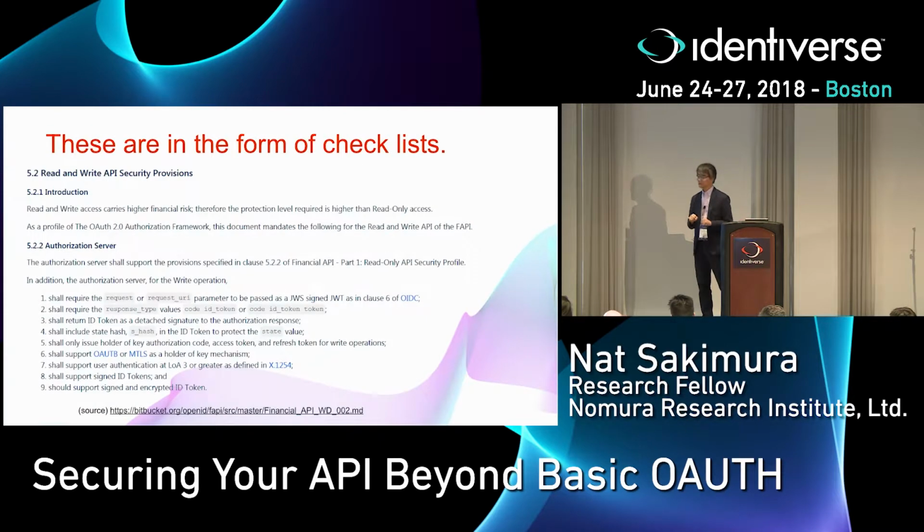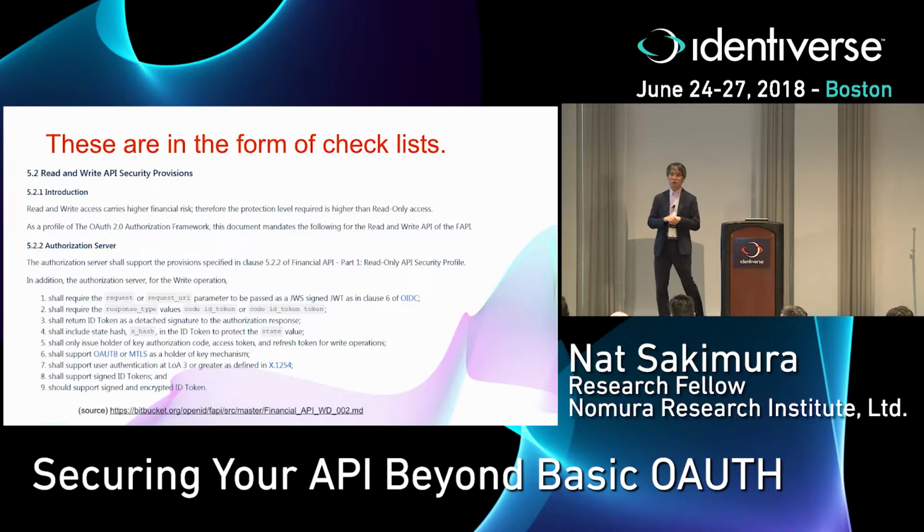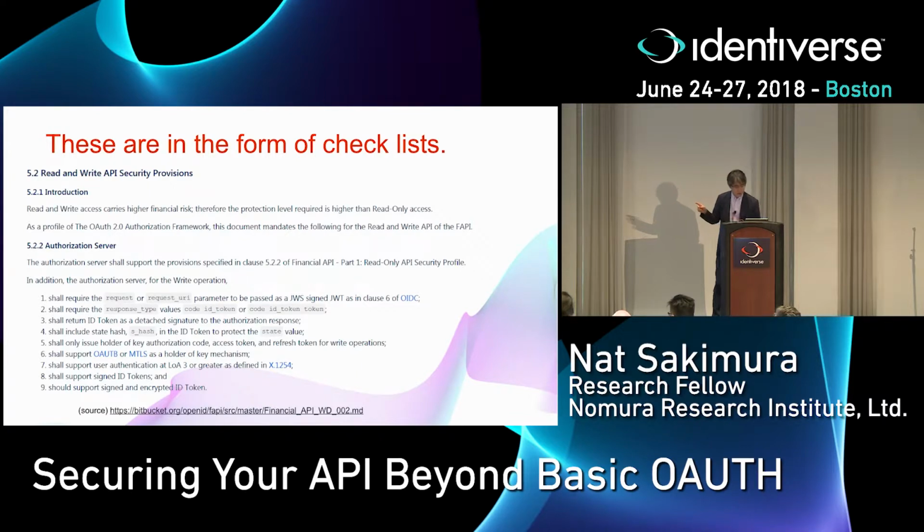Next, please. Right. And in FAPI, all of these requirements are in the form of the checklist, right? So what you're seeing is just one section, section 5.2, read and write API security provisions. It's from the FAPI security profile for read and write.